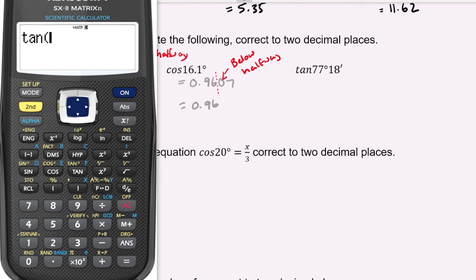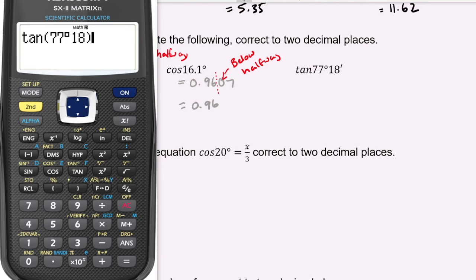So this time we've got 1077. Now before we close off the bracket, we do need to put in the degrees. So that's this button here, the degrees, minutes, seconds, DMS. It might have the symbols, so the degree sign, the apostrophe, and the quotation mark. Then just 18.